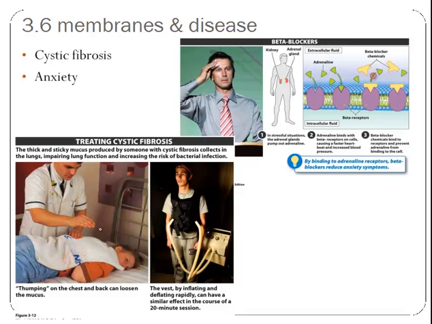So you have to use kind of very firm beating on people's backs to loosen up that mucus so they can breathe properly. Another, not really a disease, but very uncomfortable, another symptom that comes with membrane proteins is anxiety. So some people have very intense anxiety in certain situations.